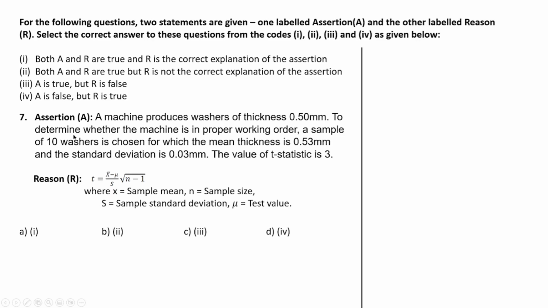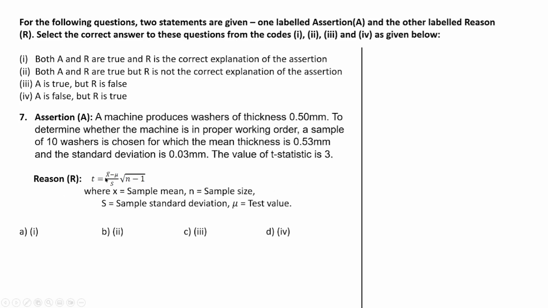Next question. Assertion: a machine produces washers of thickness 0.5 mm. To determine whether the machine is working in proper working order, a sample of 10 washers is chosen, for which the mean thickness is 0.53 mm and standard deviation is 0.03 mm. The value of the t statistic is 3. We have to check whether this is true.